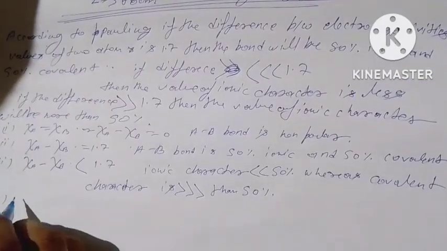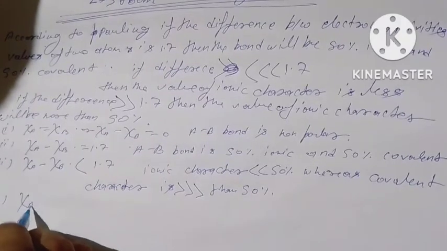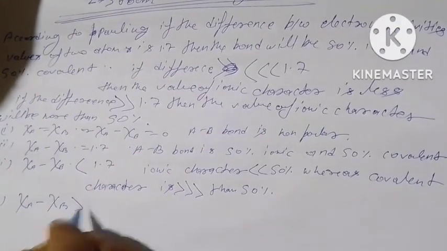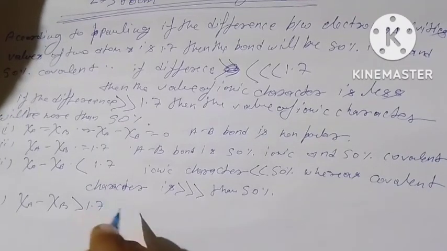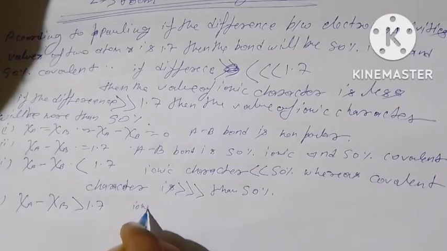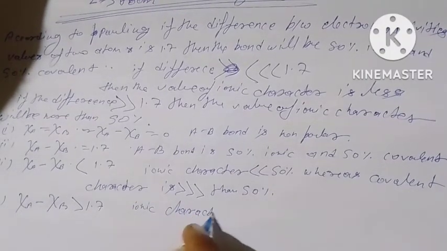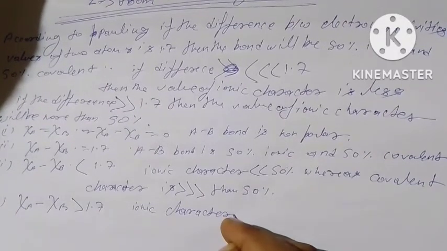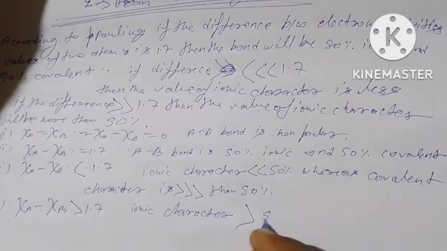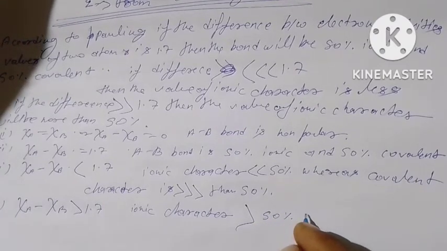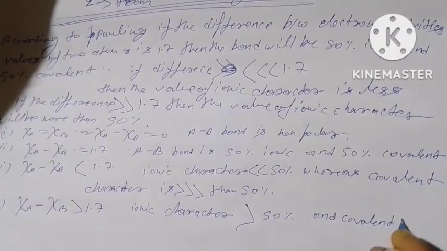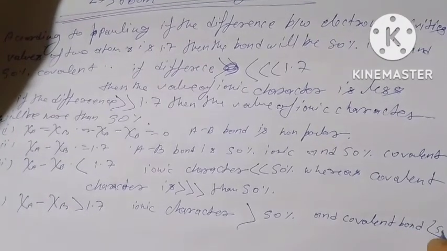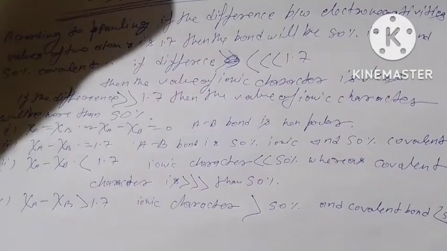Fourth point, when chi A minus chi B is greater than 1.7, the amount of ionic character of the bond is more than 50%, and covalent character is less than 50%.